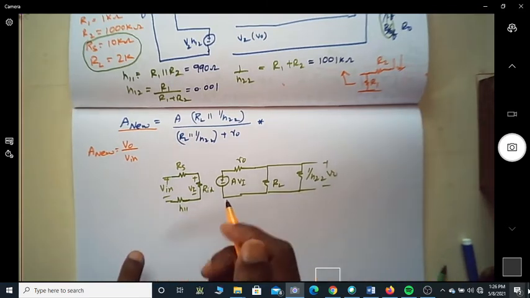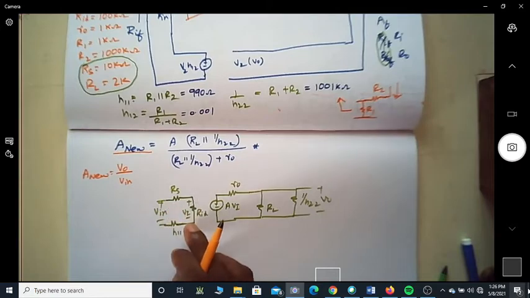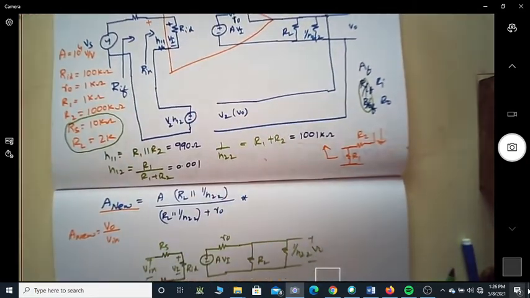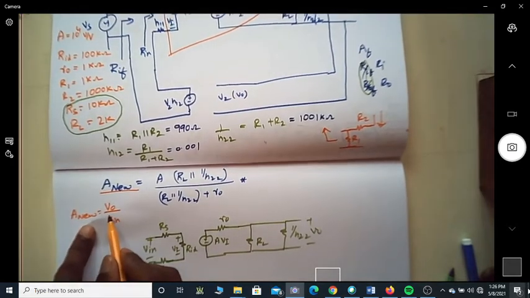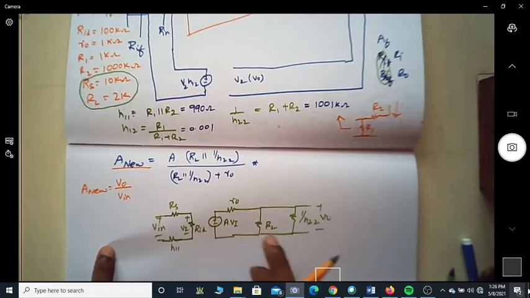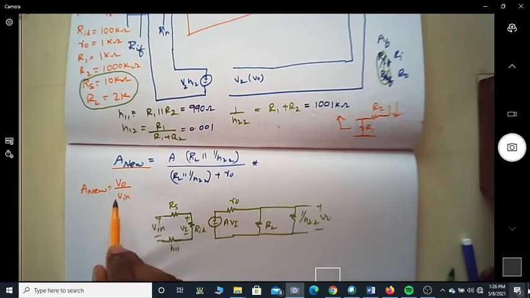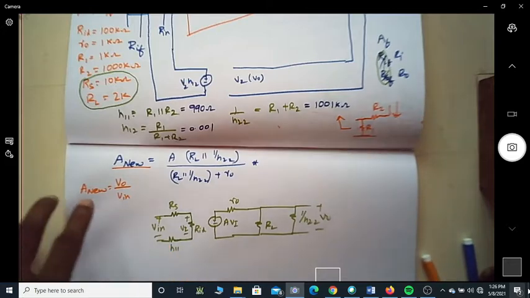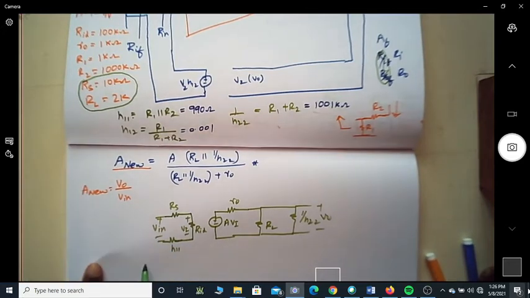This is how the amplifier will look after pushing RS, H11, and so on here. We are looking at the gain of this amplifier with this RS, H11, RL, and 1 over H22. So A new is V naught by V in. Of course, we have already seen this in the previous case, so let me just reiterate that.